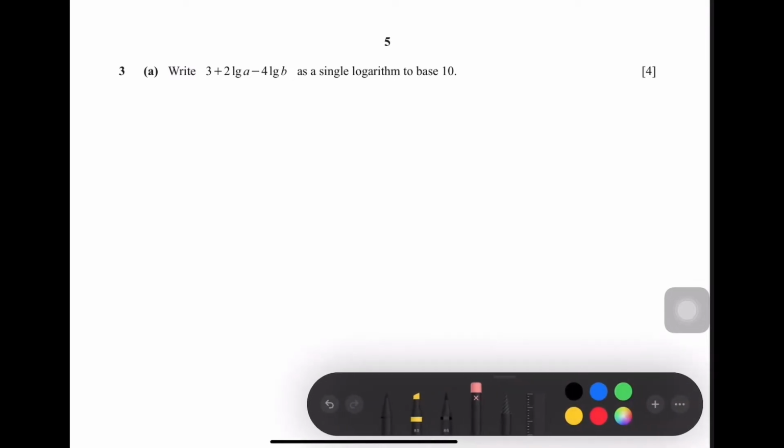Okay, write 3 plus 2 lg a minus 4 lg b as a single logarithm to base 10. First one we can write lg 10 cubed plus lg a squared minus lg b to the power 4.